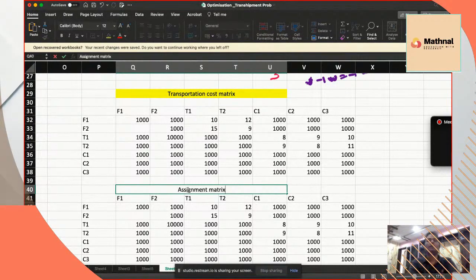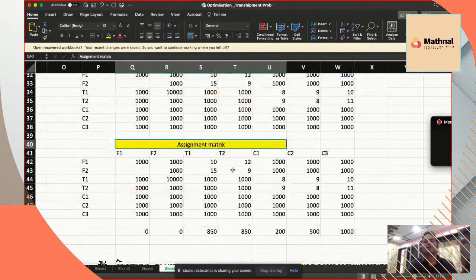How much does factory 1 have to be assigned? How much does factory 2 have to be assigned? How much does transshipment 1 have to be assigned? How much means how much load, or how much responsibility of supply, factory 1 has to be assigned in such a way that it reaches C1, C2, C3 at minimal transportation cost.